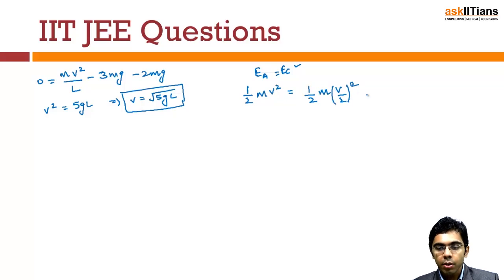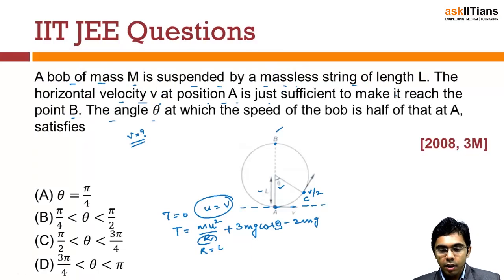Now we have to check what the potential energy should be. We know that the potential energy is mgh, and we have to find this h. If we look at the figure, this much should be h, and h comes out to be L(1 minus cos theta).